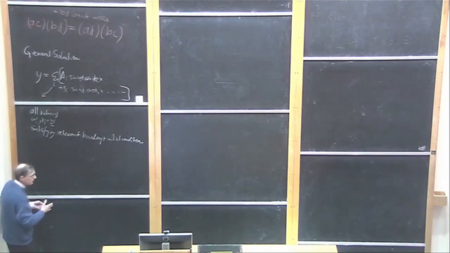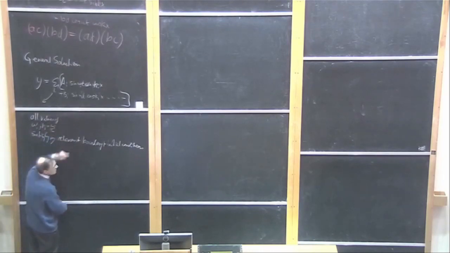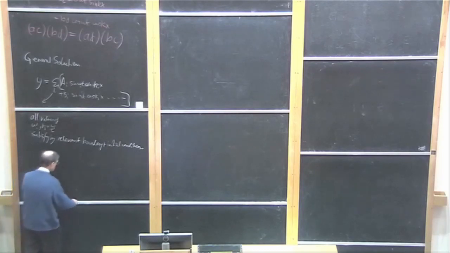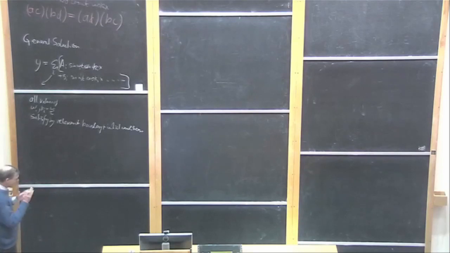Normally, if you've got an unbounded string, this in fact is not a sum at all, because k can be more or less anything, so it is in fact an integral, and the functions a, b, c and d are functions of omega. But I'm not going to go down that route, because we're only going to use this type of solution in situations where we have a bounded string.